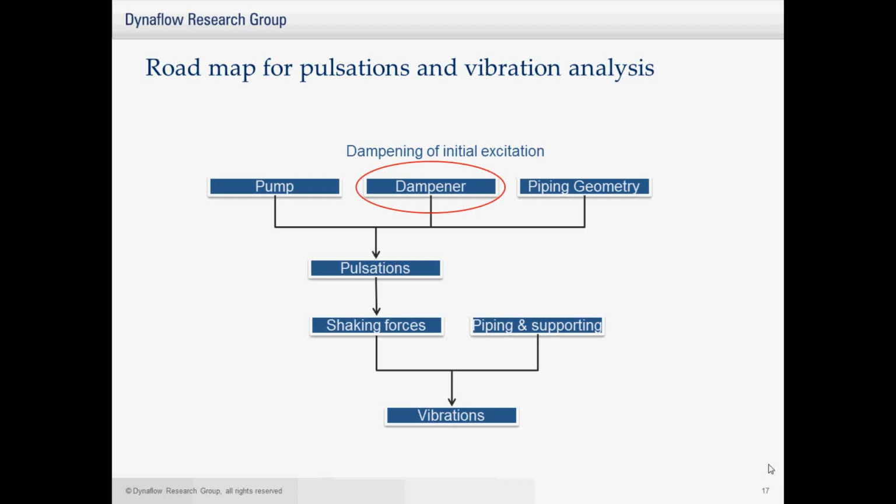So now we go back to the roadmap for pulsations. We'll go on to the dampener, and the dampener dampens the initial excitations, and the initial excitations again are the pressure fluctuations corresponding to the changing flow profile of a pump.